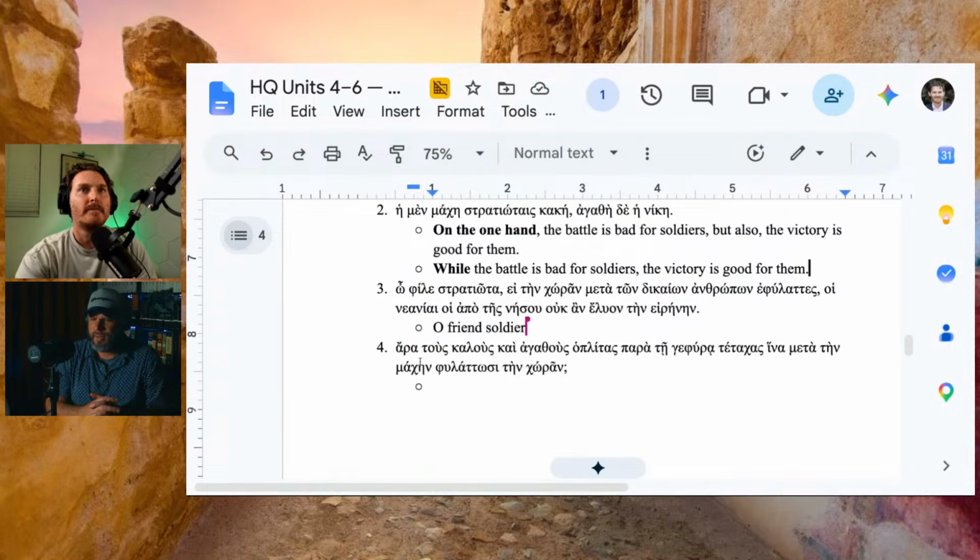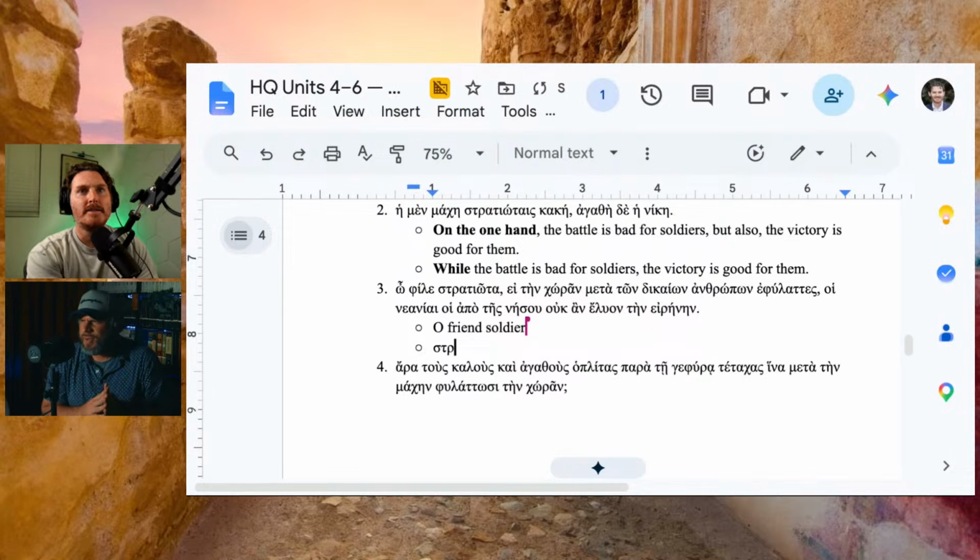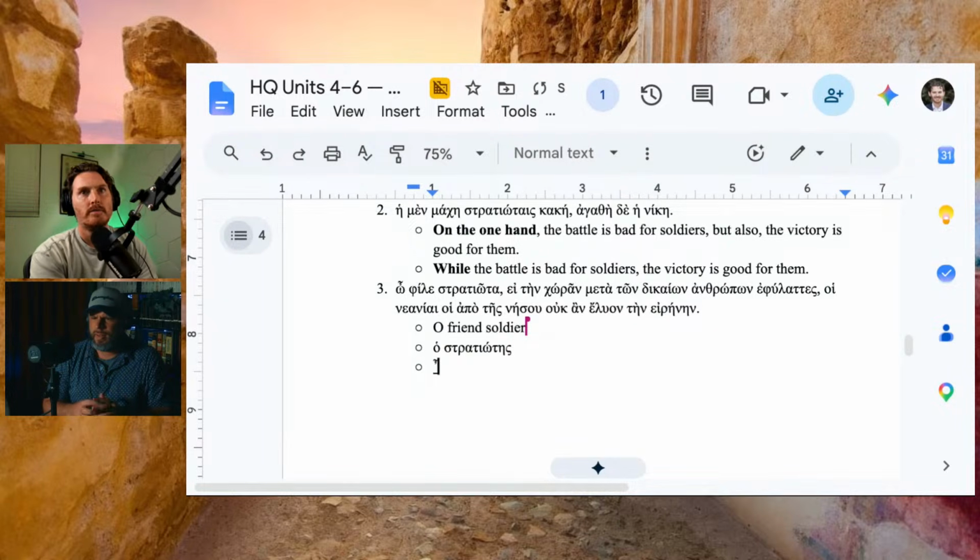No. Oh, it's accusative? No, wait. We already had stratiotes, ho stratiotes, and then now we have this o. So this is still vocative. Yeah, o stratiota. That's why I was thrown off.